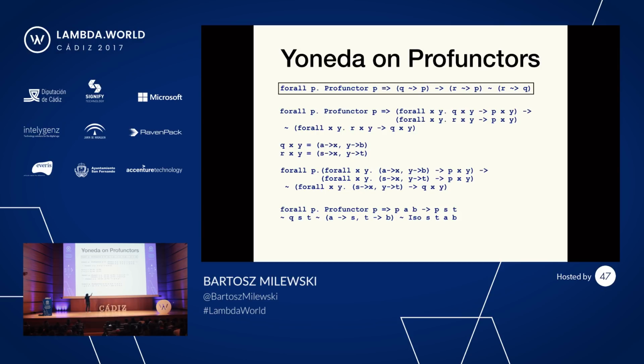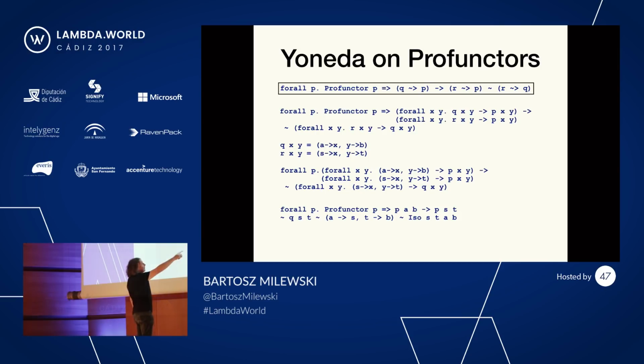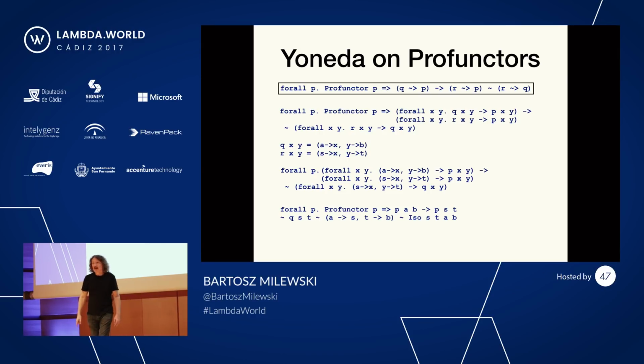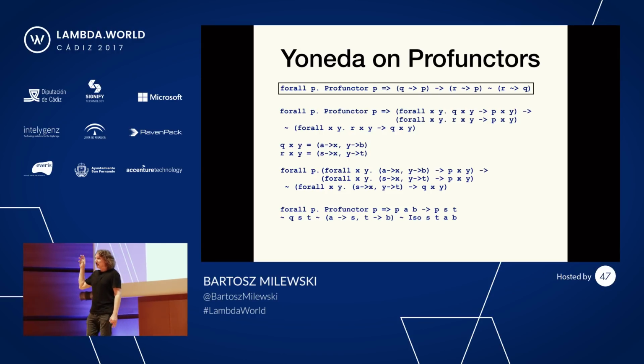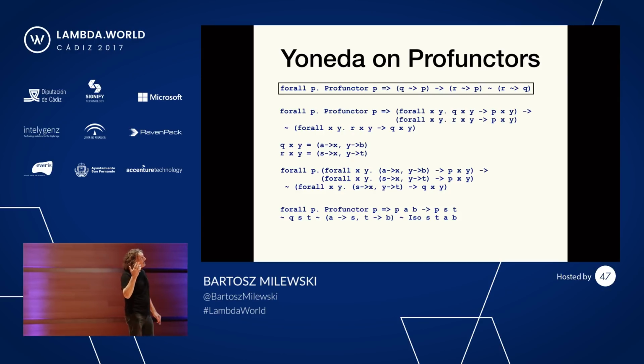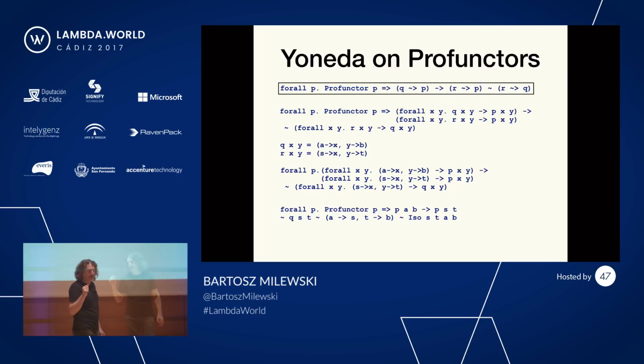So I just wrote this explicitly, so this is a pair of functions from A to S and a function from T to B. And if you've seen profunctor optics, this is the definition of ISO, okay, in the Haskell library. So this is the simplest profunctor optic that there is.